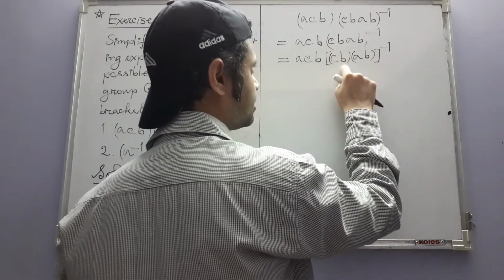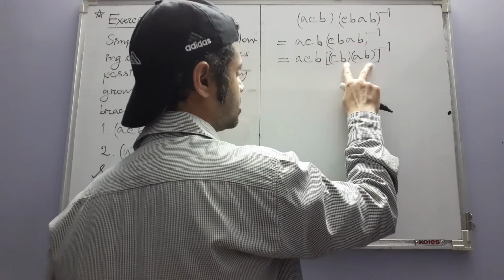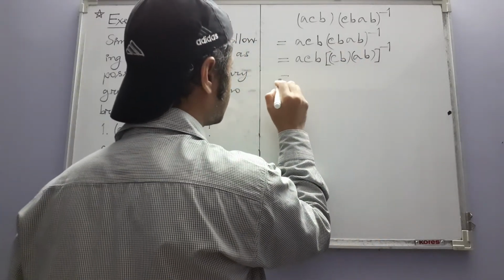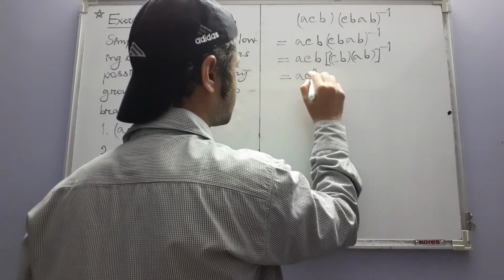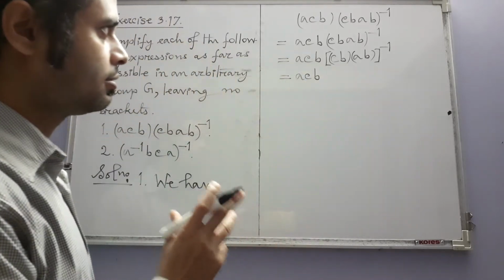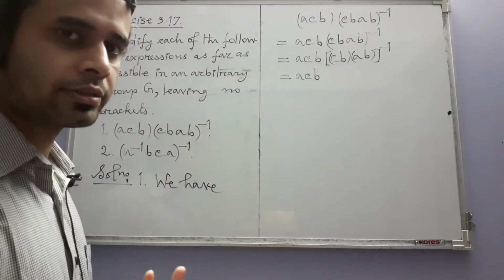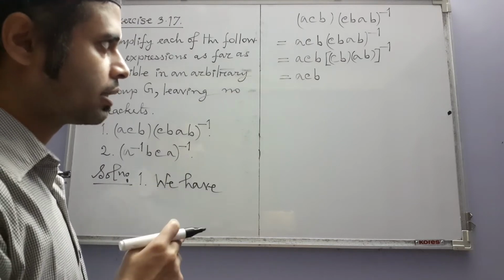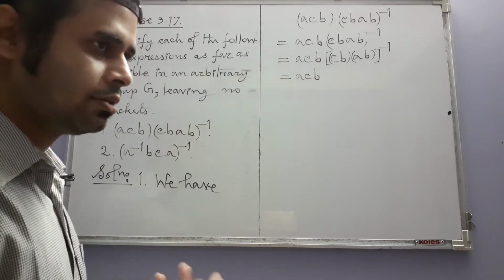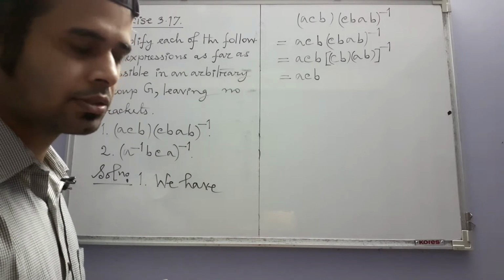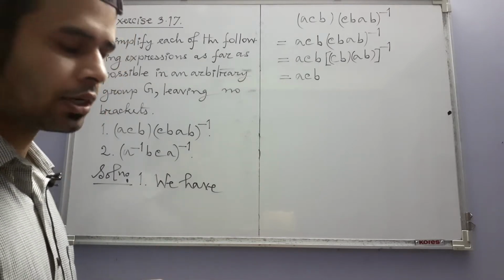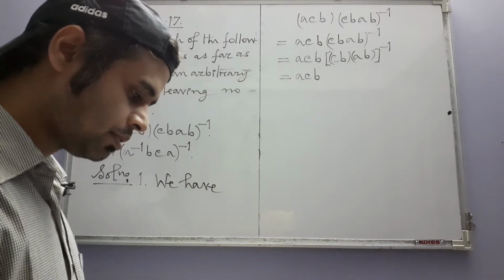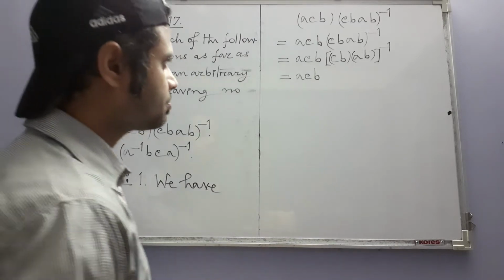So these two elements are equal, and so their inverses are also equal. Now you use that result which tells you how to take the inverse of a product. The inverse of a product is equal to the product of the inverses of the individual elements, but the order is reversed, and you find that in Theorem 3.4 part 2.